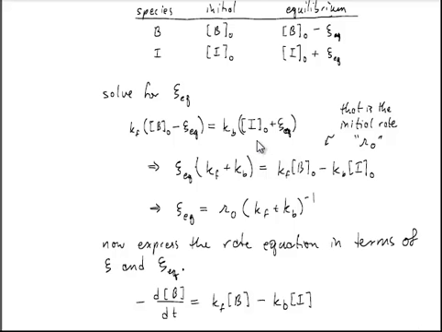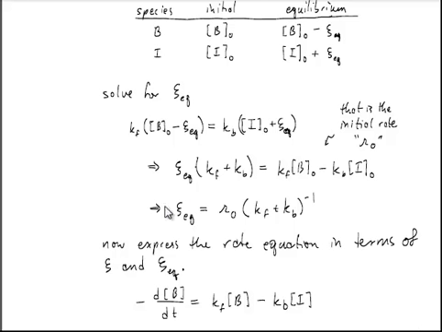We can put the extent of reaction variables on one side and the initial conditions on the other side, and we find after some substitution that the equilibrium extent of reaction is the initial rate of reaction, this quantity right here, times the inverse of the sum of the forward and backward rate constants.